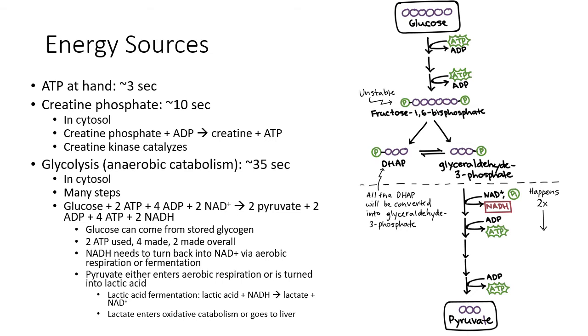In order for glycolysis to continue, you need, of course, to always have more glucose for it. You also need to have more NAD+. So once you've made this NADH, you have to turn that over back into NAD+ in order to continue doing glycolysis. And some of the next types of metabolism we'll talk about are where you're using that NADH to get NAD+ back.